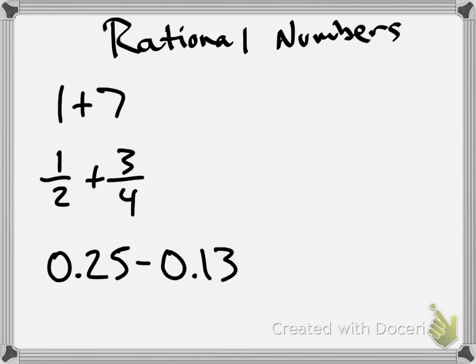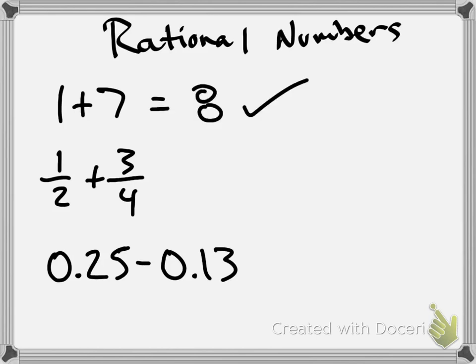1 plus 7, well, that involves rational numbers because rational numbers include all numbers that are whole numbers, counting numbers, and integers. 1/2 plus 3/4, well, those are rational numbers. And 0.25 minus 0.13, those are also rational numbers. So in this case, we're seeing equations that hopefully everybody can solve.